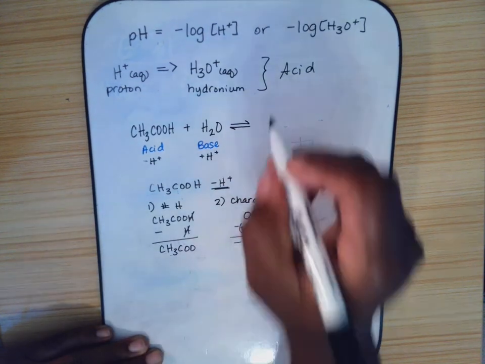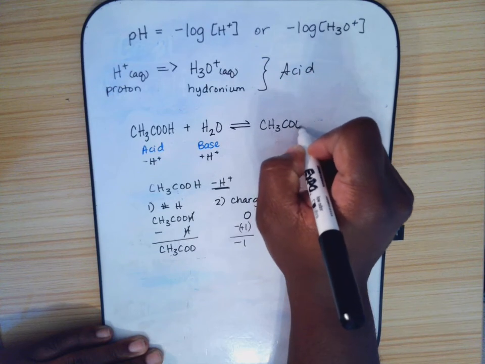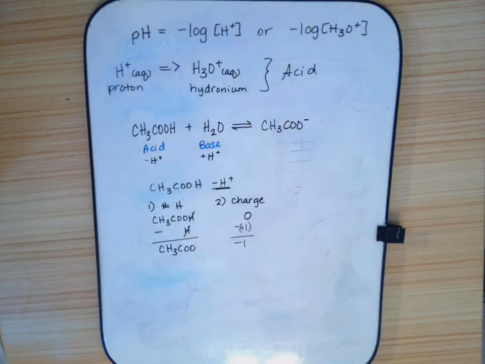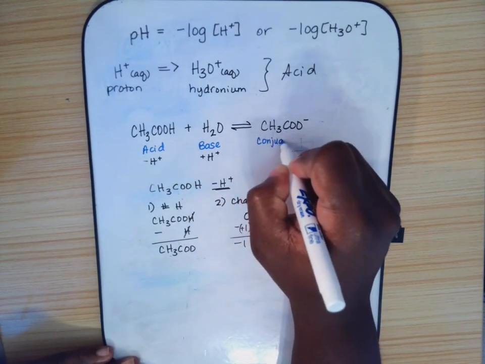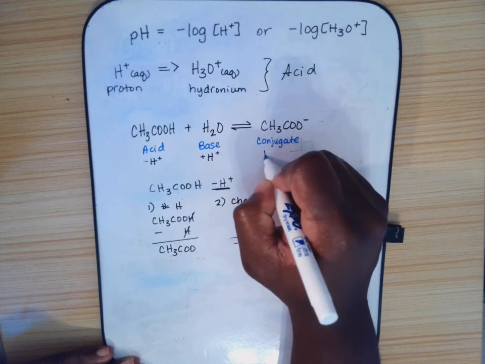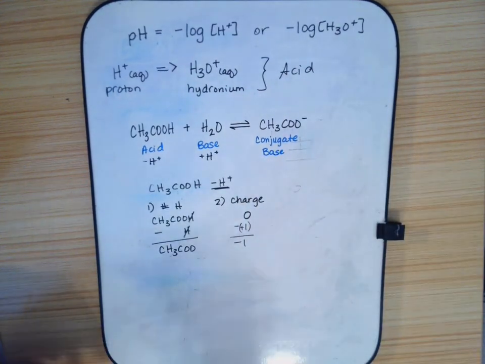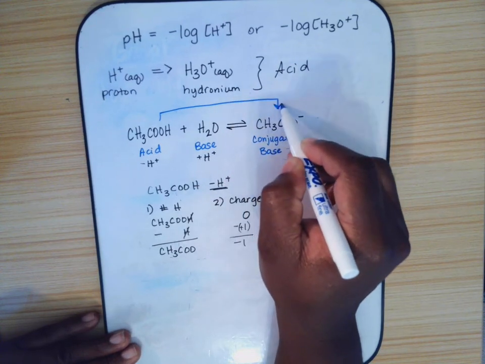Put those two things together and you get the formula for the compound that results from that acid losing a proton. When the acid loses a proton, it forms what's called the conjugate base. A conjugate acid-base pair are compounds that differ by only one proton.